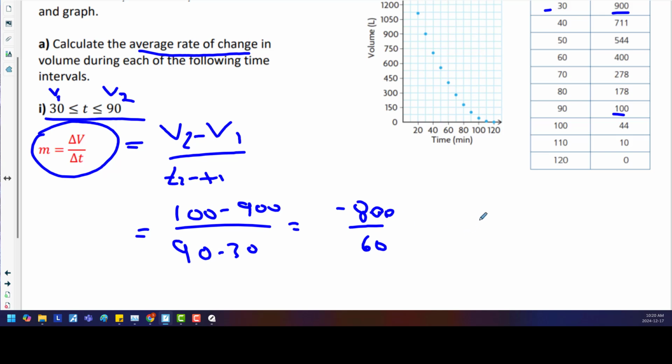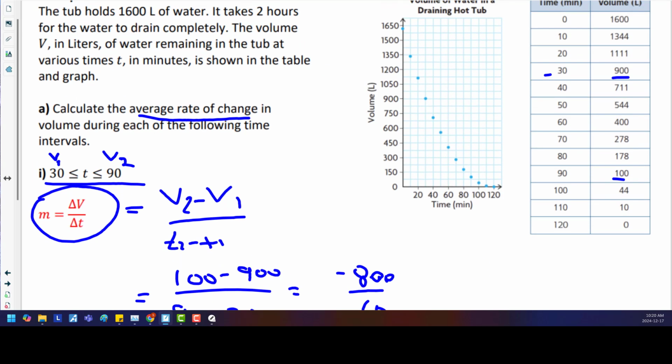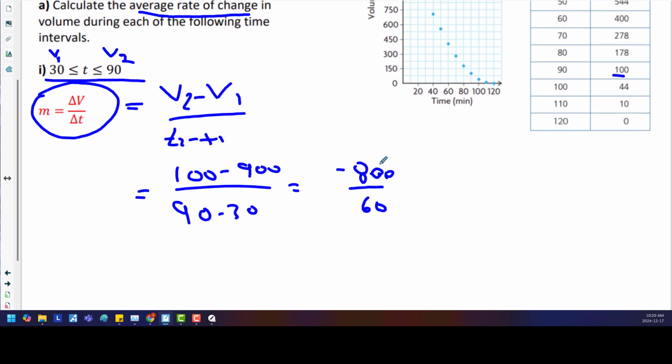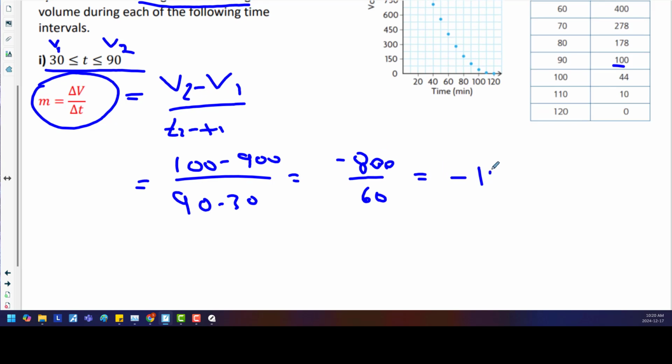We expect a negative slope because you can see that it's going down. So that's good. When we write in terms of values and words, we don't necessarily write the rate of change as a negative rate of change. I mean, we do. Sorry, let me fix that. It is negative 13.3 liters per minute.